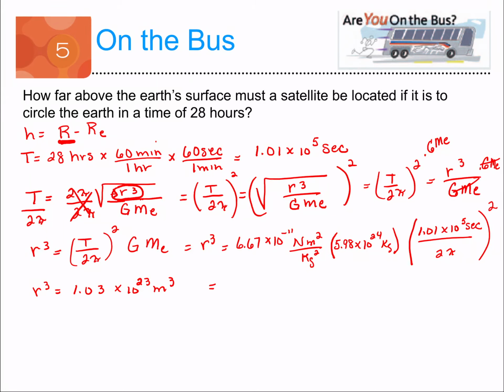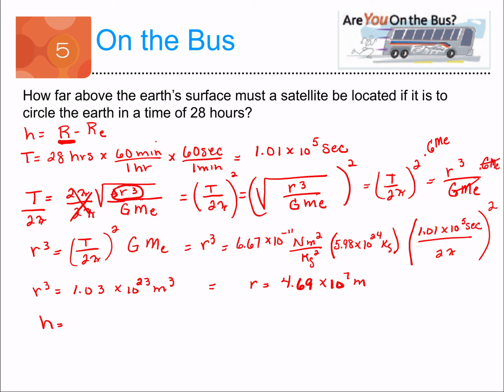When you take the cube root of that, then r is going to equal 4.69 times 10 to the 7 meters. Now you will probably have to look in your calculator book or Google your specific calculator type if you don't know how to do the cube root on your calculator. So this is r. Now we can figure out h.